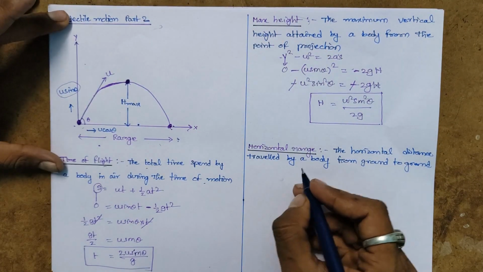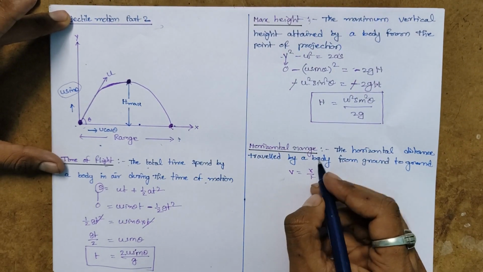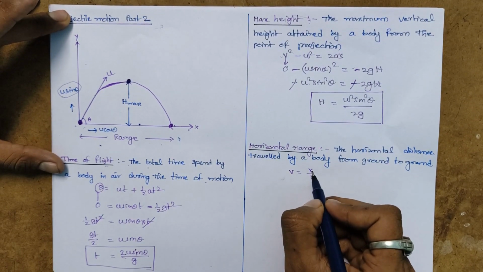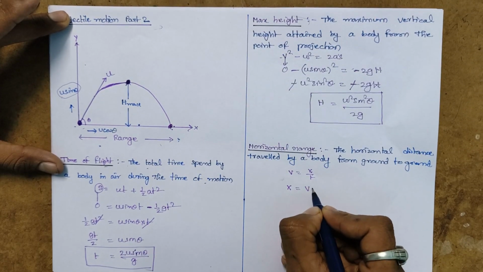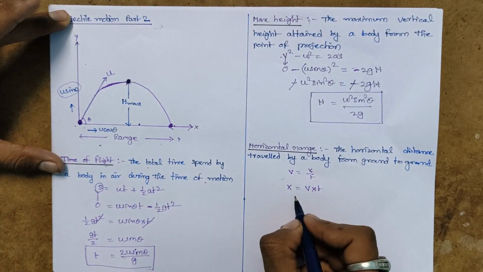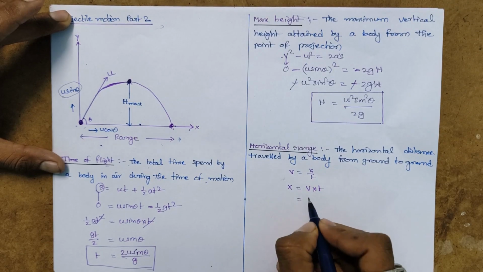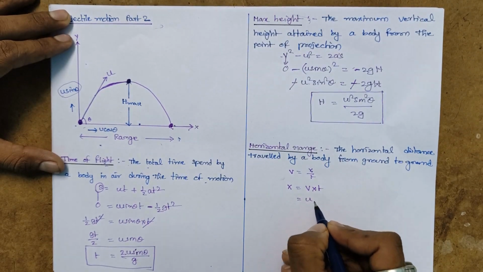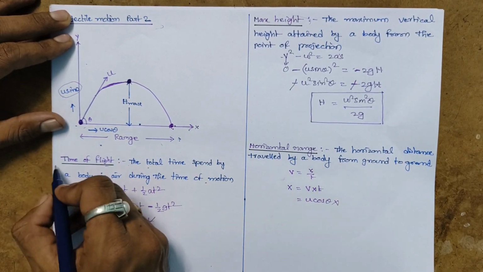So we know the speed formula v is equal to x by t, isn't it? So we are going to calculate range. So bring this x to the left side. X is equal to v into t, where v is u cos theta, because along the horizontal direction velocity will be the cos component. So instead of v, I am taking u cos theta into t, the time of flight.